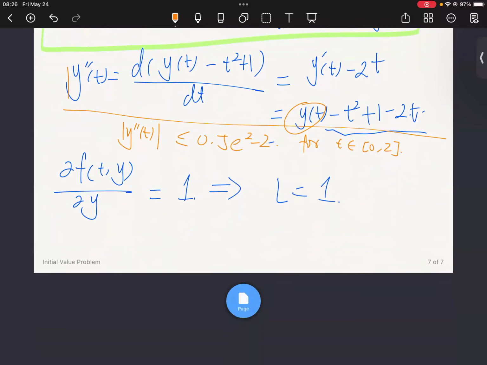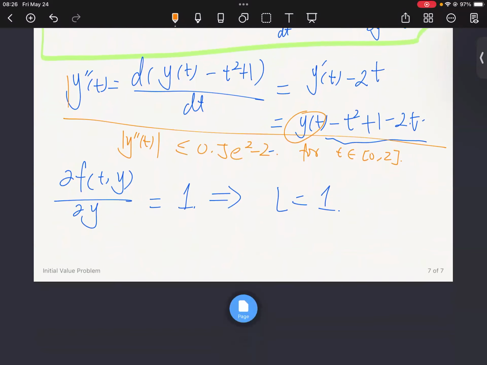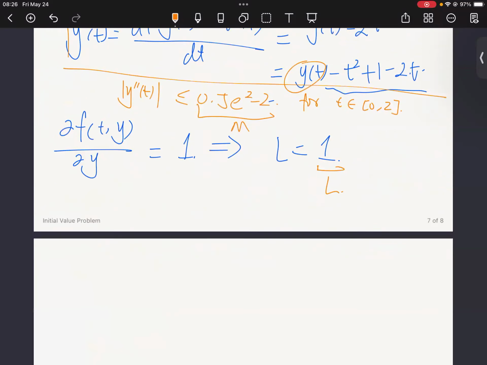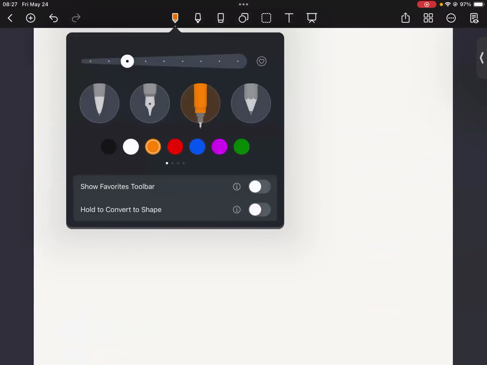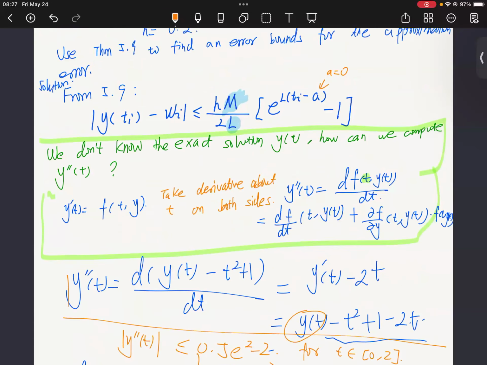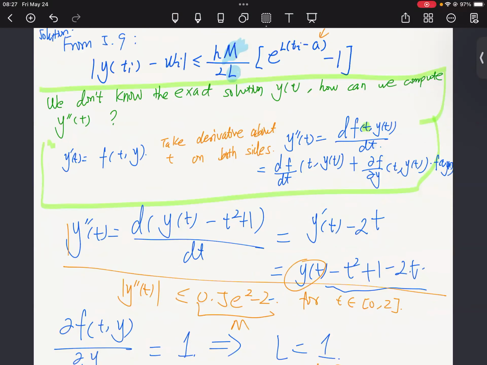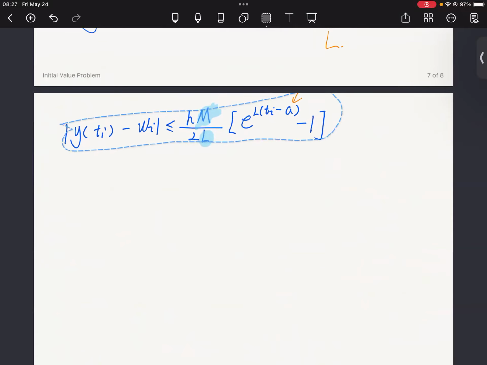So let's say we have the M and L, this is our M number, and this is our L number, and then we have the bound for the error. Let's copy them here, and we just need to substitute every number we know. We have the 0.2, and that is the step size.